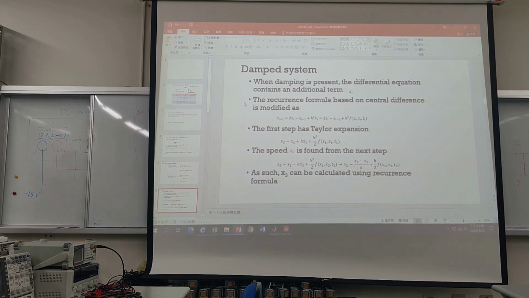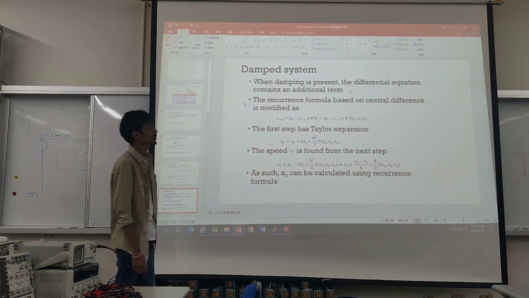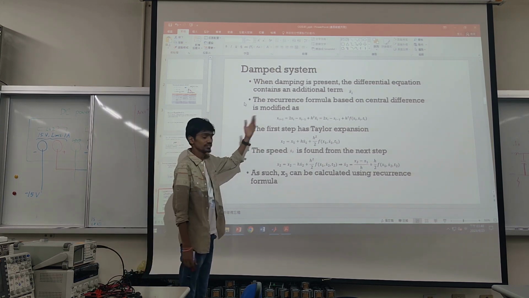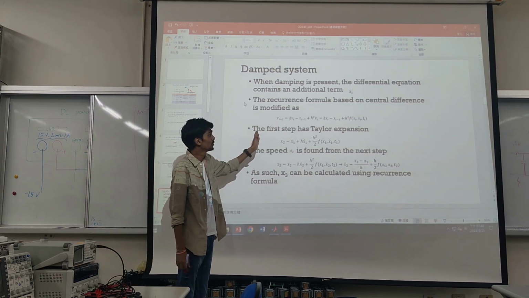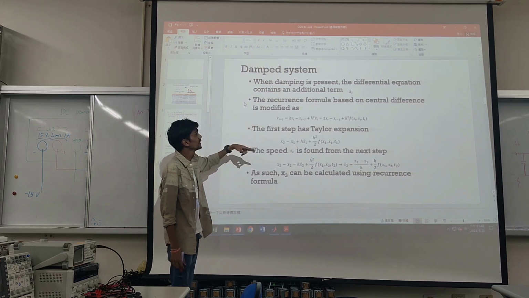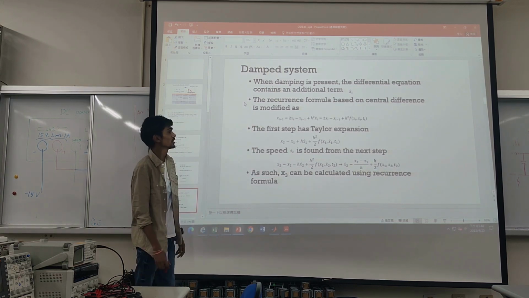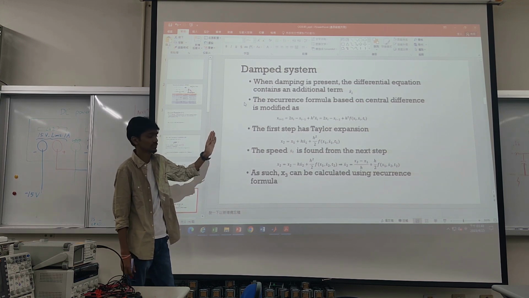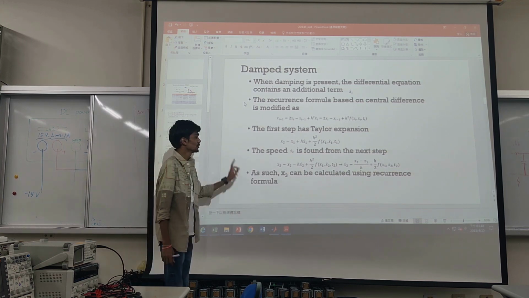Similarly, we can use the central difference method formula for the next steps, for x3 and x4. You have to use the same way to solve for the displacement at other step values.